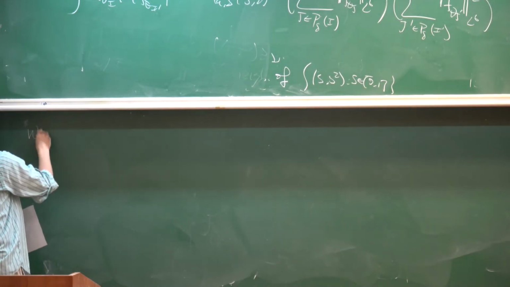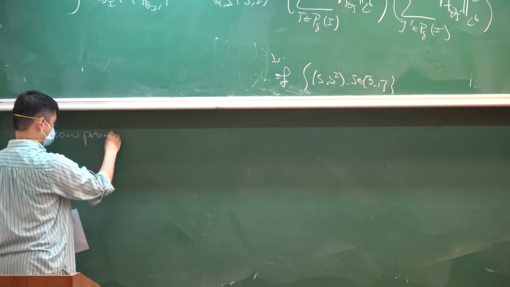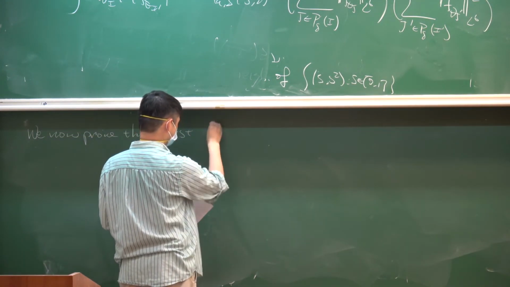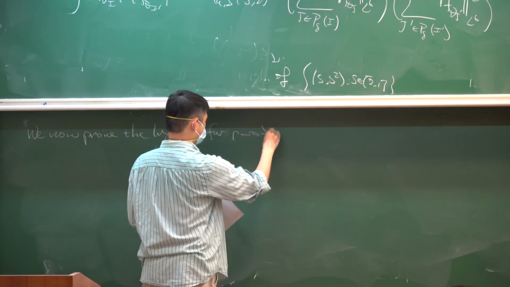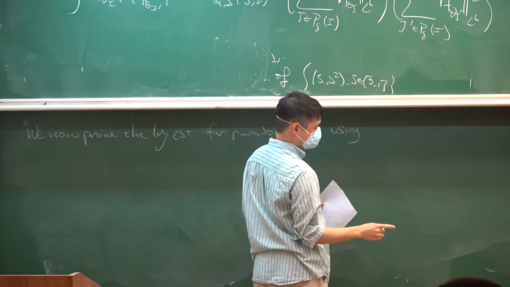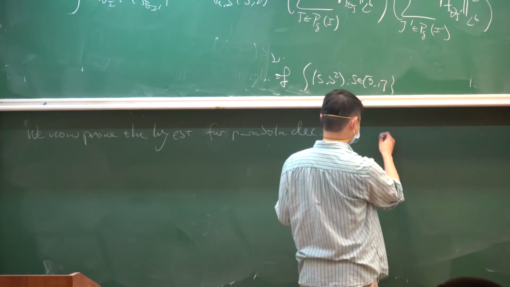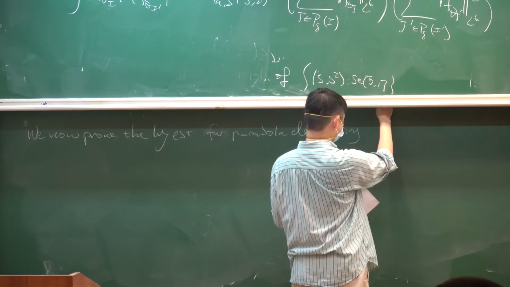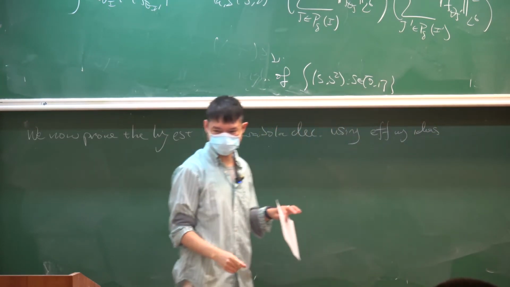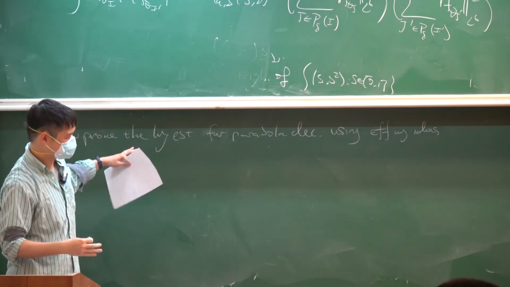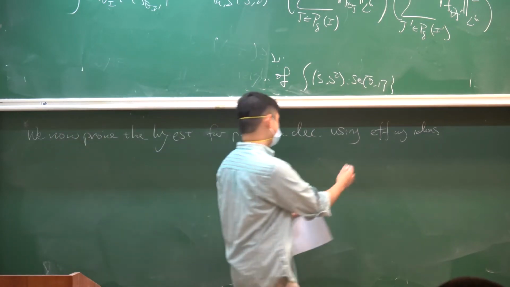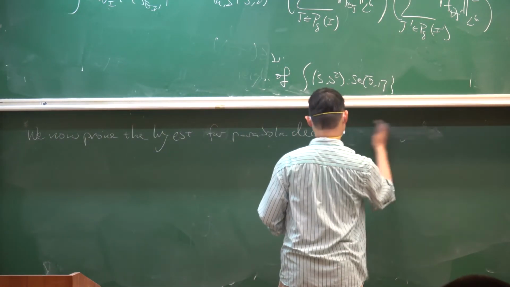So we now prove the key estimate for parabola decoupling using those number theory ideas, using efficient congruencing ideas. I guess the whole argument is an efficient congruencing idea, but what I personally believe is the proof of the key estimate that most closely resembles efficient congruencing.